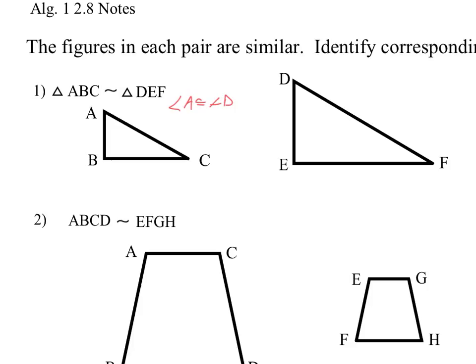Let's take a look at the other angles too, because we've got a couple other ones here. Angle B is going to be congruent to angle E, and angle C is going to be congruent with angle F. Basically what all that means is this angle here is going to be the exact same measure as that angle over here with A and D. Same thing with B, that's going to be the exact same angle measure as angle E. In fact, I think in this one it's showing that it's a right angle, but we don't know that for sure.